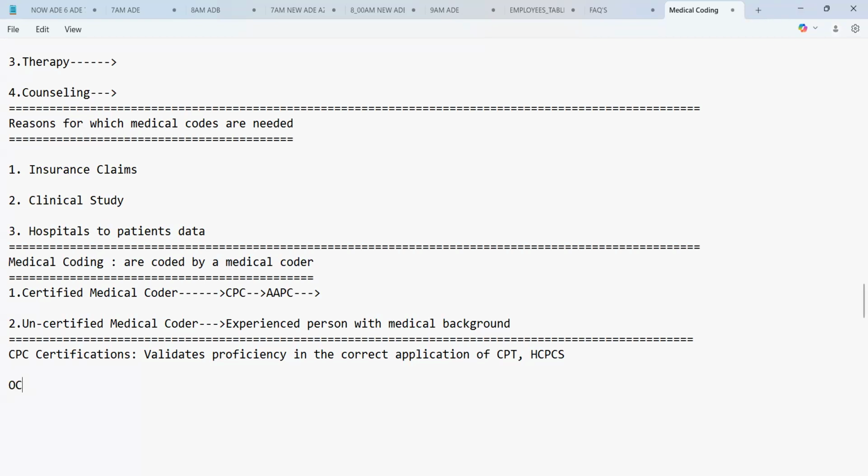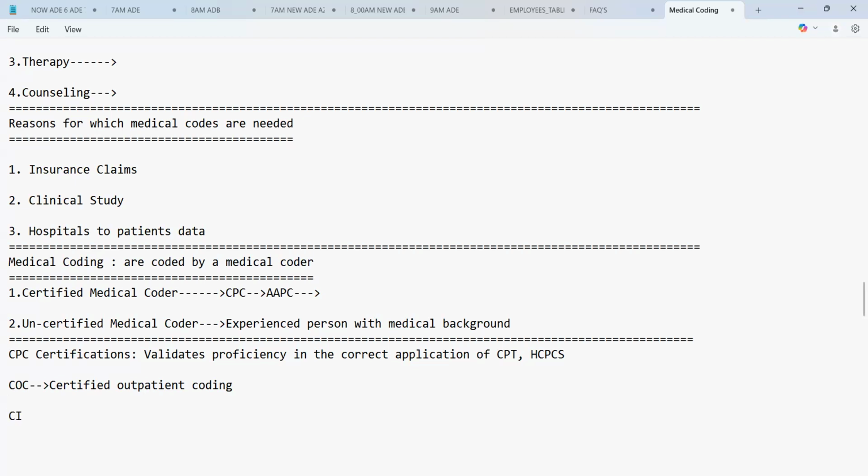COC. COC stands for what? Certified outpatient coding. COC is nothing but your Certified Outpatient Coding.